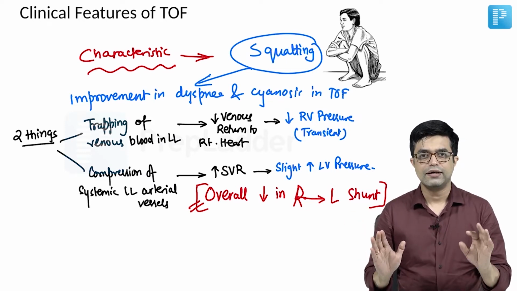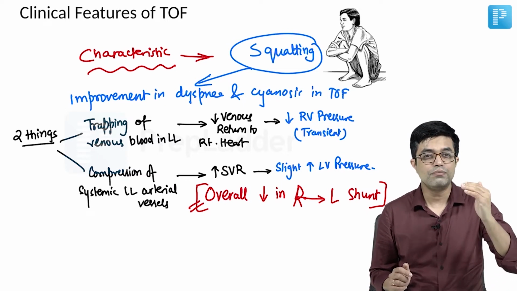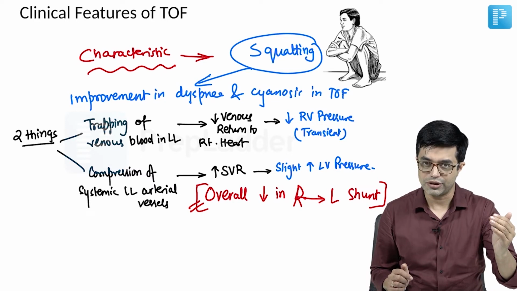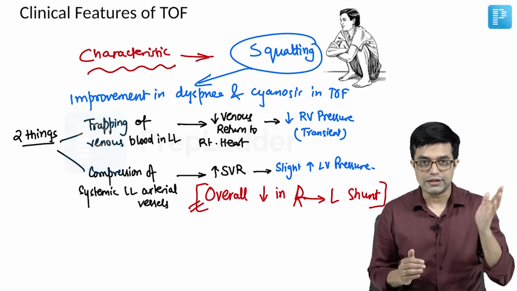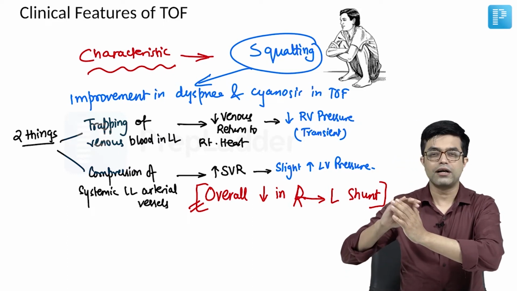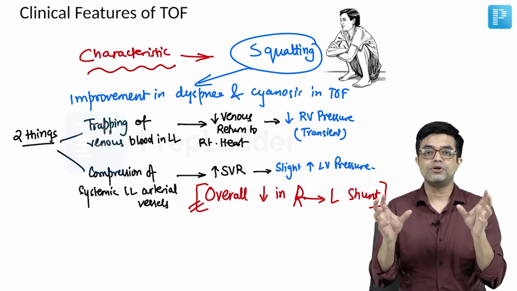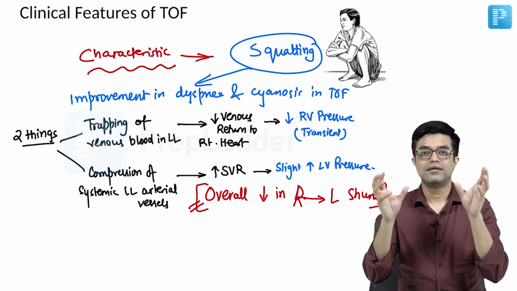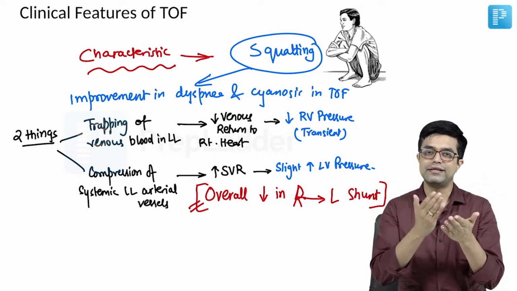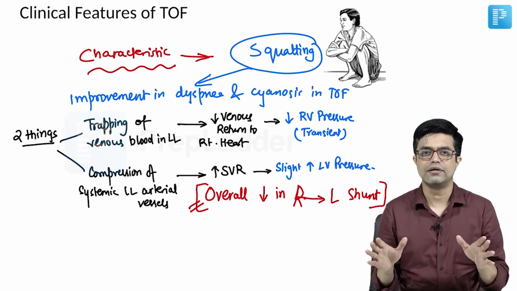See, understand, right ventricle pressure is always slightly more than the left ventricle pressure. Due to large VSD, right ventricle is easily able to unload its burden into the systemic circulation. If you check the overall mean systolic pressures, then the pressures of RV and LV will be almost similar.